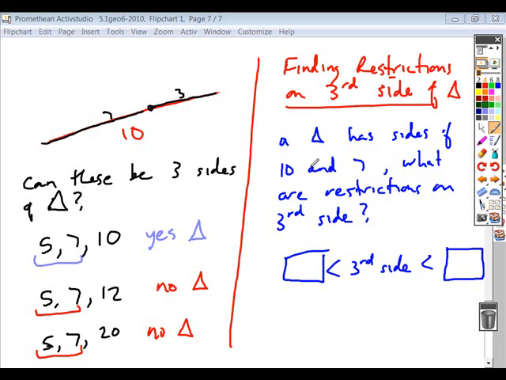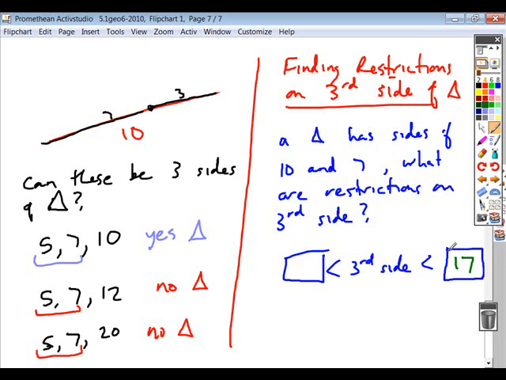If the two smaller sides are 10 and 7, at the point where those meet on the line, it stops becoming a triangle. So we know that this third side can't be 17 or anything higher than that, because then it won't even form a triangle. So it has to be less than 17.